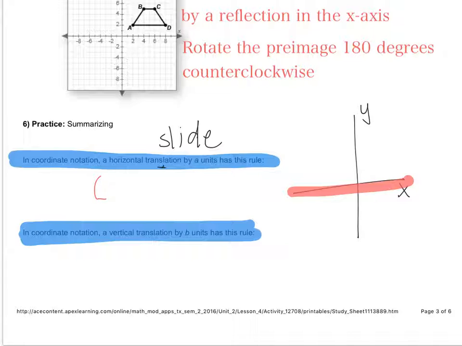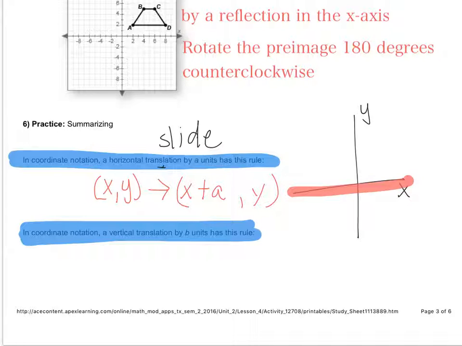So we'll write it in parentheses. We have our pre-image, which is (x, y). When we do our horizontal translation, or horizontal slide, you'll notice that the y value was totally unchanged. And the x value, we can either add or subtract, but in this lesson they just chose to go with positive. You can add a positive number or you can add a negative number.